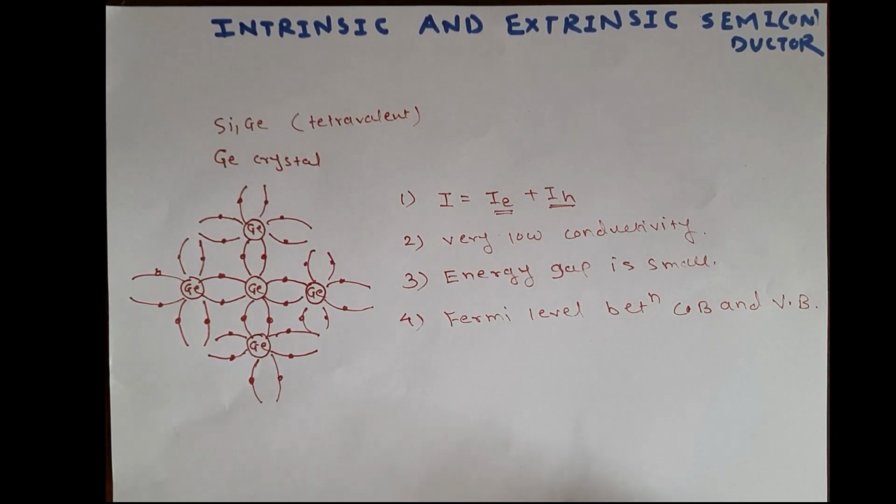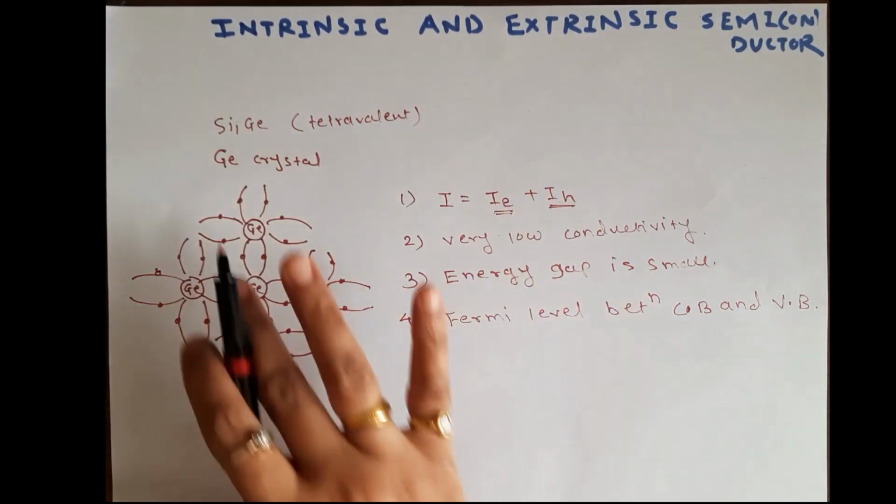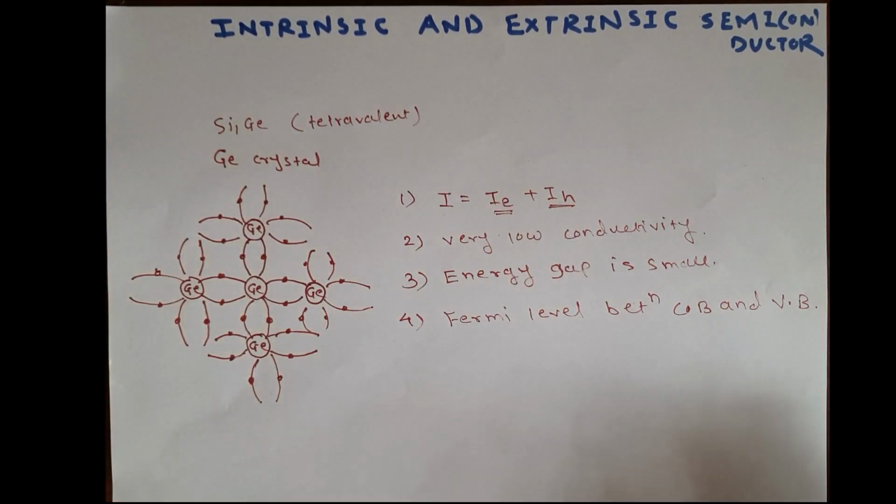To make practical use of the semiconductor and to improve its conductivity, we have to add some impurity. It is known as a dopant, and this process of adding impurities in the pure semiconductor is called doping.